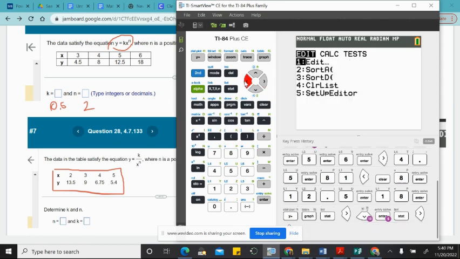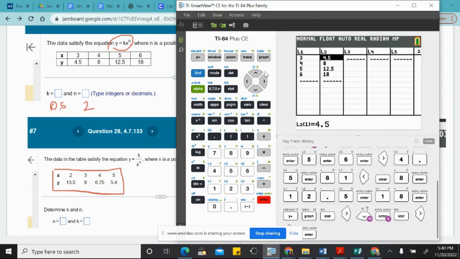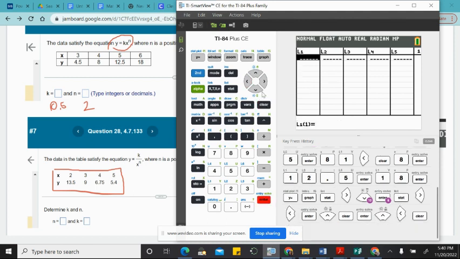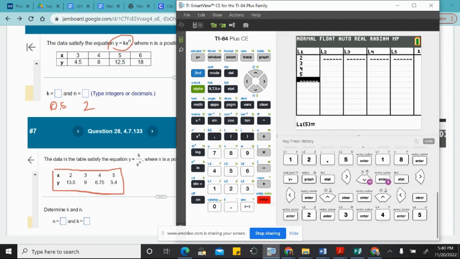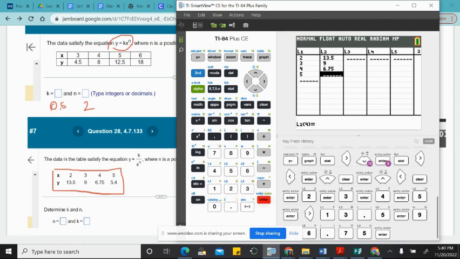No, my bad. We're going to change the list. So we hit stat and then enter to edit it. Then we go up, hit clear, enter, up, over, hit clear, enter, type in the numbers 2, 3, 4, 5, enter. List 2: 13.5, 9, 6.75, 5.4.